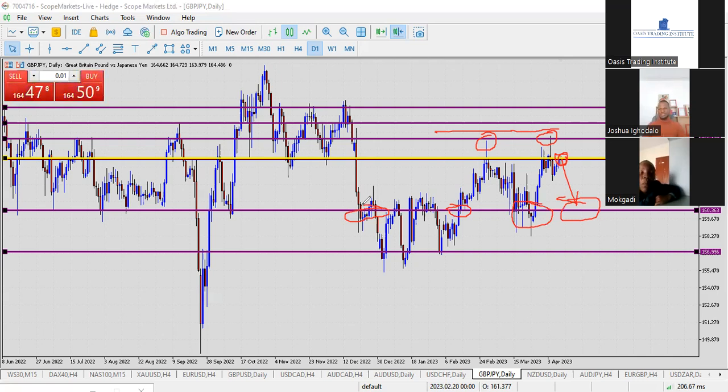Okay. Is that understood? Yes, because meaning if it goes down, the possibility of it turning from the same level as this one is very high. Very high, yeah. Okay.